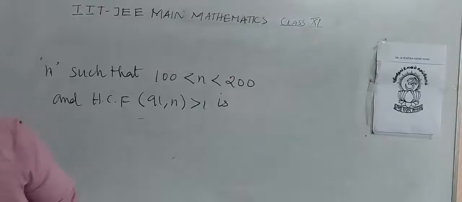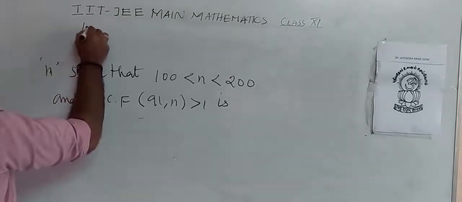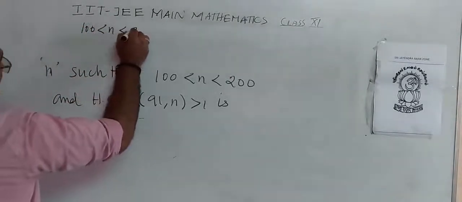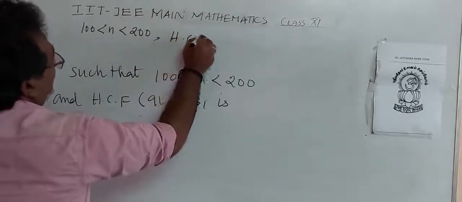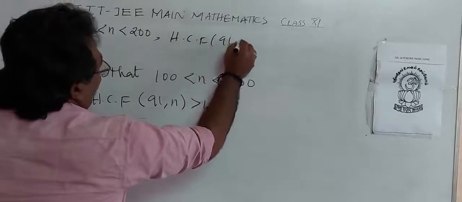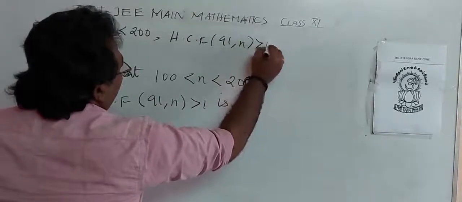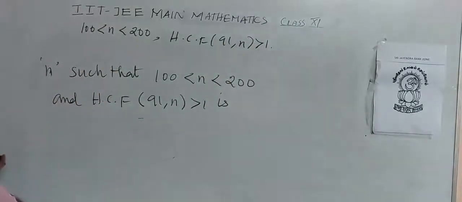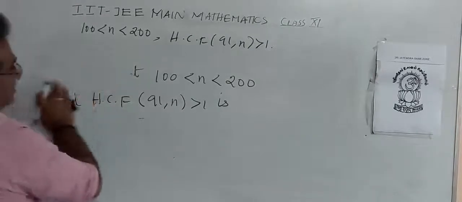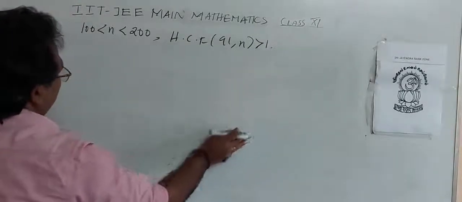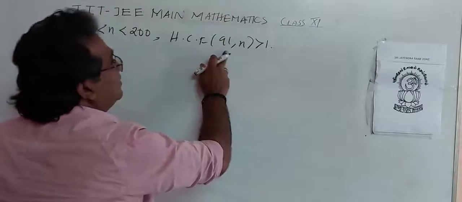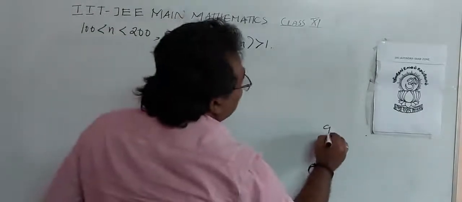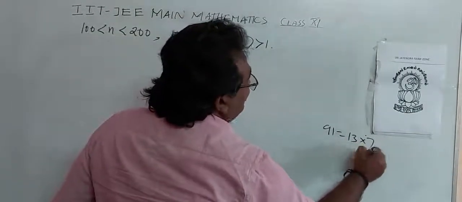So 100 less than n less than 200, HCF of 91 and n greater than 1. That means n should be divisible by 7 or 13. So 91 can be written as 13 into 7.